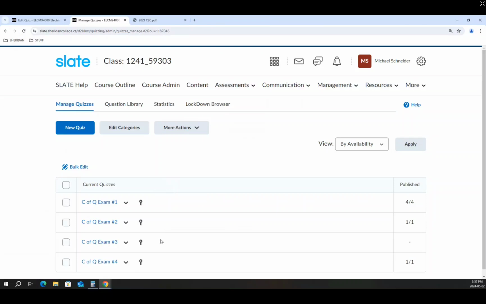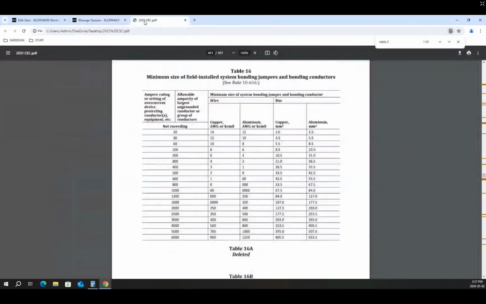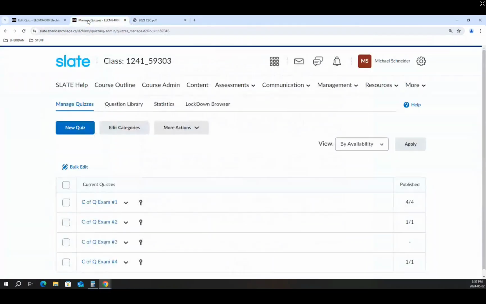Okay, hang on. Top left. Yeah, so again, what you're asking here is ampere rating or setting of the overcurrent device, or the allowable ampacity of the largest ungrounded conductor.